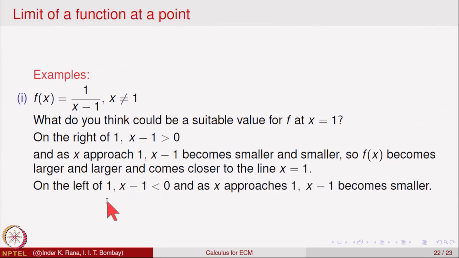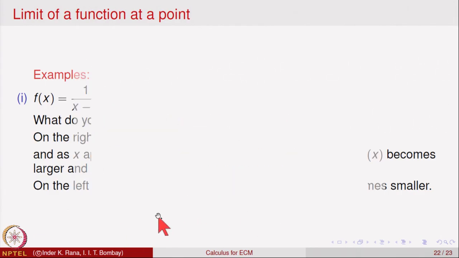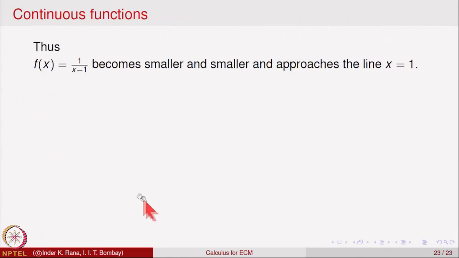While if I look on the left side, x minus 1 becomes smaller and smaller in magnitude, but it is negative. So, if I approach the line x equal to 1 from the left, for x less than 1, the value is negative and it goes to minus infinity.